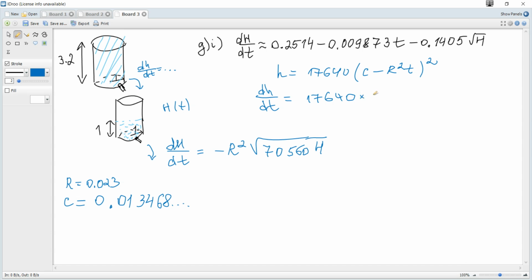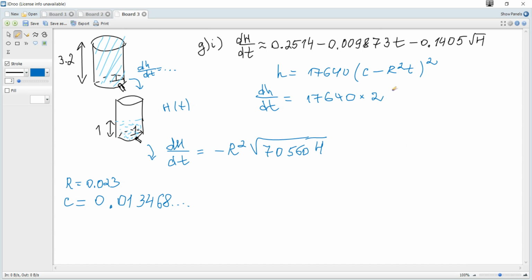For this expression, c minus r squared t, the derivative of a difference is the difference of derivatives, so c's derivative is 0, and minus r squared t's derivative is just negative r squared.